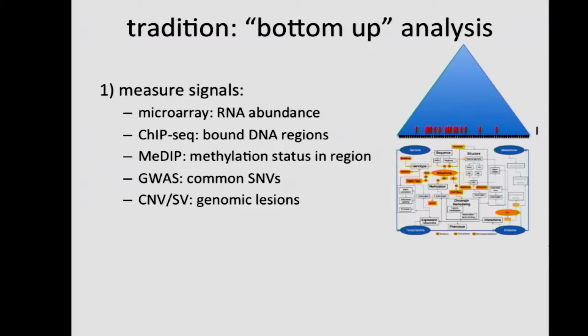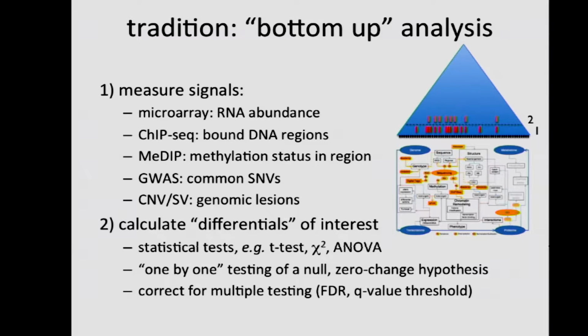We measure those signals, whatever they are, and we find hits: things that seem above and beyond, at some statistical threshold, interesting. So we measure things, and sometimes we have enough signal to actually see it.